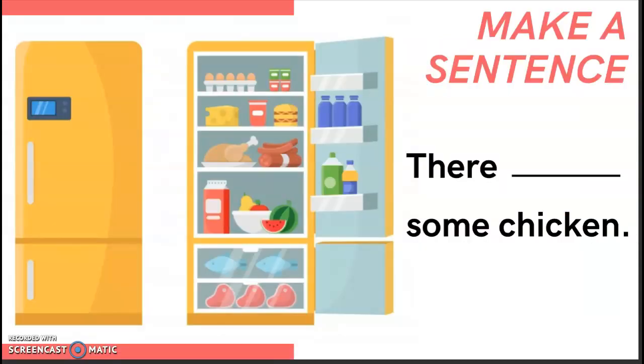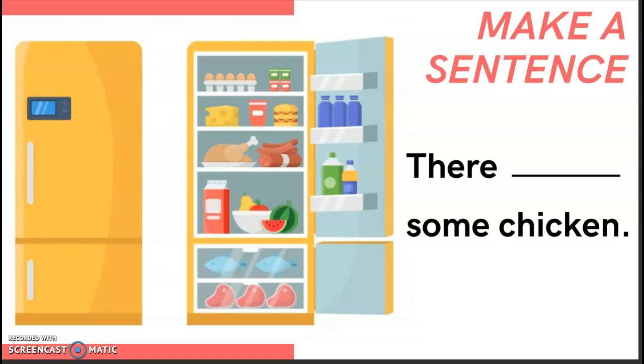Okay, now let's make a sentence with is or are. In the refrigerator, let's see what we have. There some chicken. There is some chicken or there are some chicken?